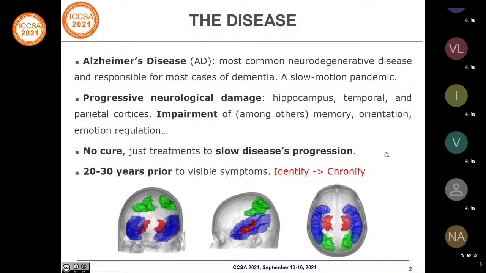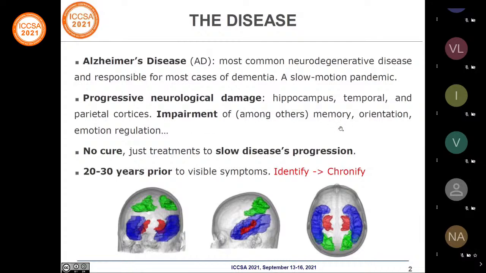Recent articles suggest that maybe Alzheimer's disease might start 20 to 30 years prior to the first visible symptoms. So we have to keep in mind that we might be treating a very serious disease when it has already been working and causing damage for maybe 20 to 30 years. So it's usually irreversible at that stage.